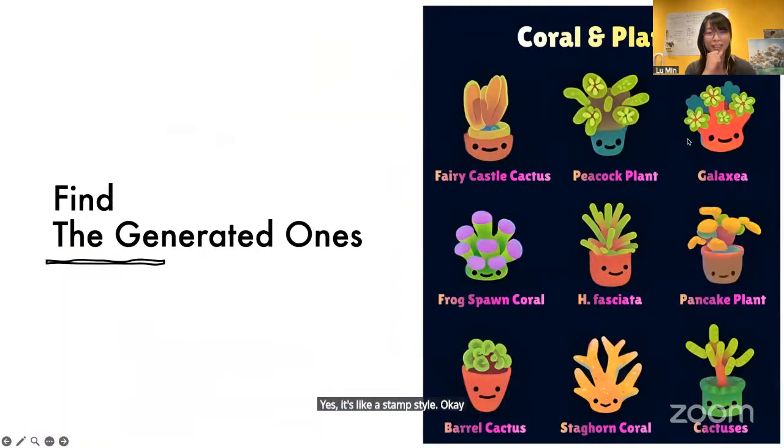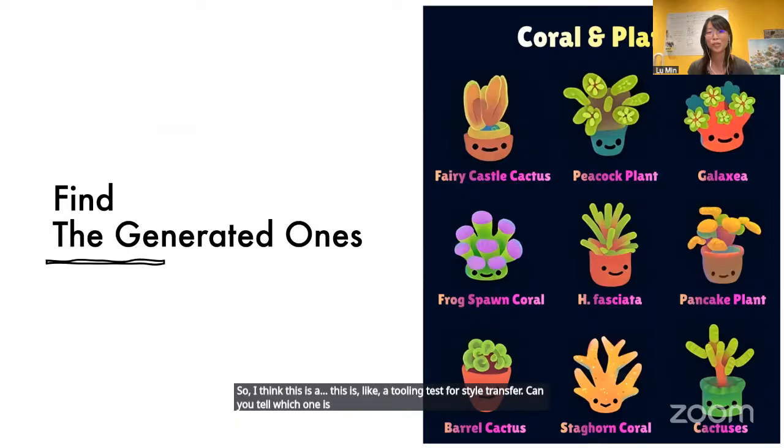Okay. So here I have a little quiz, and we mix up the examples that we generate with our model with some examples designed by artists. I think this is like a Turing test for style transfer. Can you tell which one is generated and which one is original from the designer?